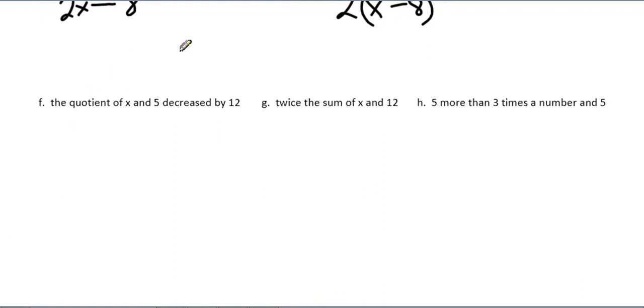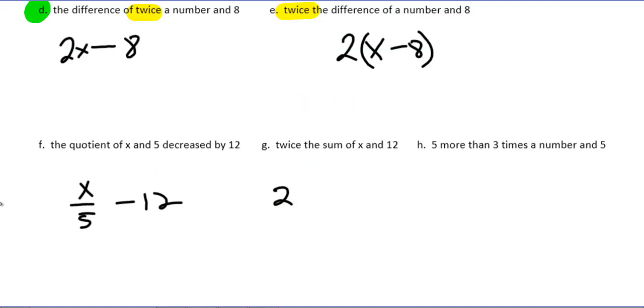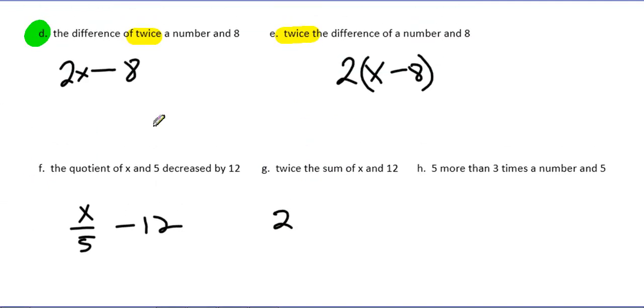F has the quotient of x and 5. Quotient means to divide. Decreased by 12. Again, notice I'm reading it left to right. I'm translating it left to right. Twice the sum of, again, notice I have this example we just talked about where I have twice before the words the sum of. So that means my sum is going to be in parentheses.